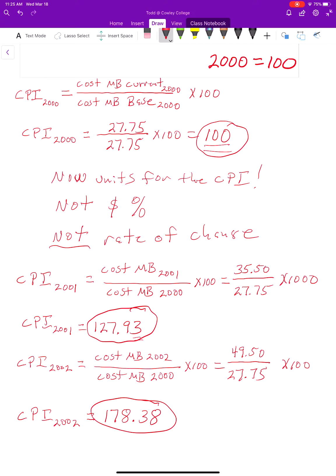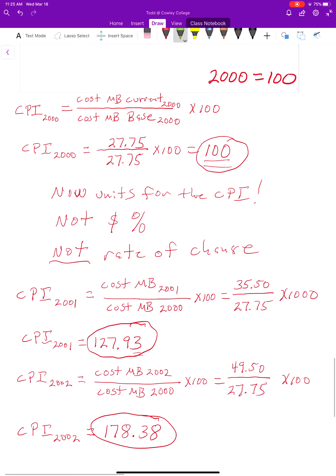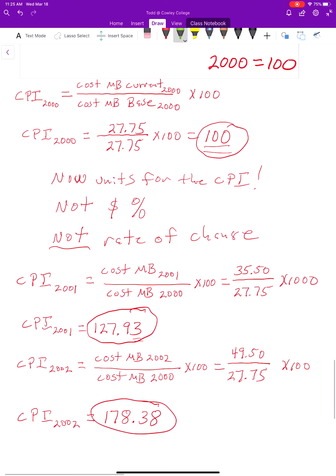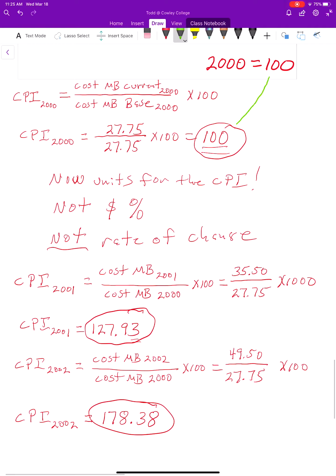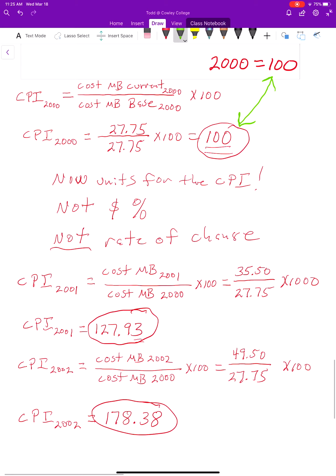First things first, I do want you to note, we set the base year equal to 100. Well, the reason why is that that's the way the equation actually works itself out. So your consumer price index in the year 2000 is in fact equal to 100.